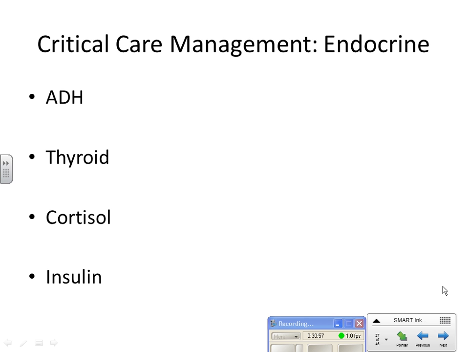Too much insulin can make them hypoglycemic. So the goal in the ICU now is to maintain glucose levels between 80 and 110. So that reduces organ damage. Now that's going to be really hard to do on a patient who's having the fight or flight, hypersecretion of cortisol, which is raising their blood sugar.